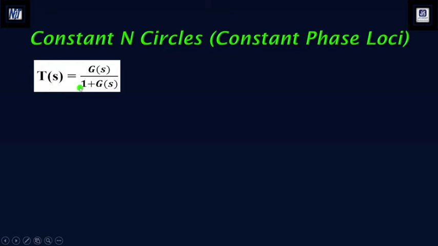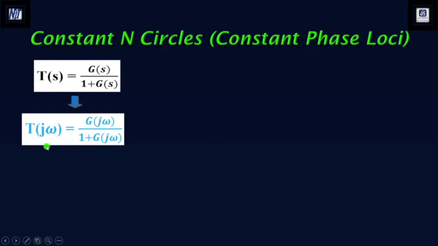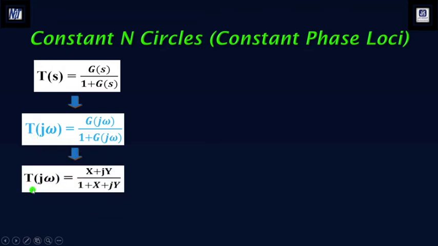Consider a unity feedback closed loop transfer function. This is the sinusoidal form, and this is considered as x plus jy divided by 1 plus x plus jy. Already I have discussed this.